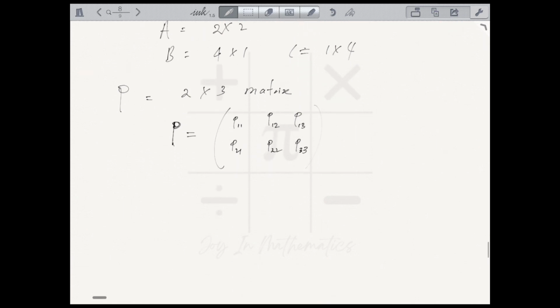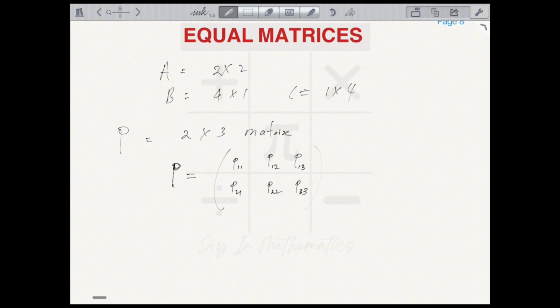Now if we have P to be a 2 by 3 matrix, and at the same time we are given another matrix, and we say that it is equal to, let's say, 4, 6, 5, 1, minus 1, 3.